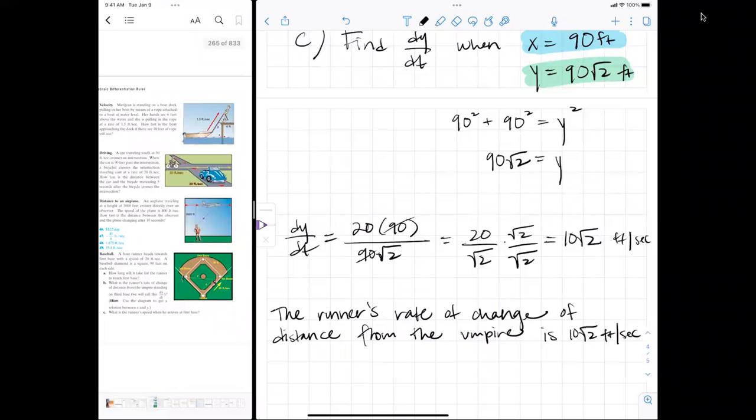It's 10 root 2 feet per second when the runner arrives at first base.